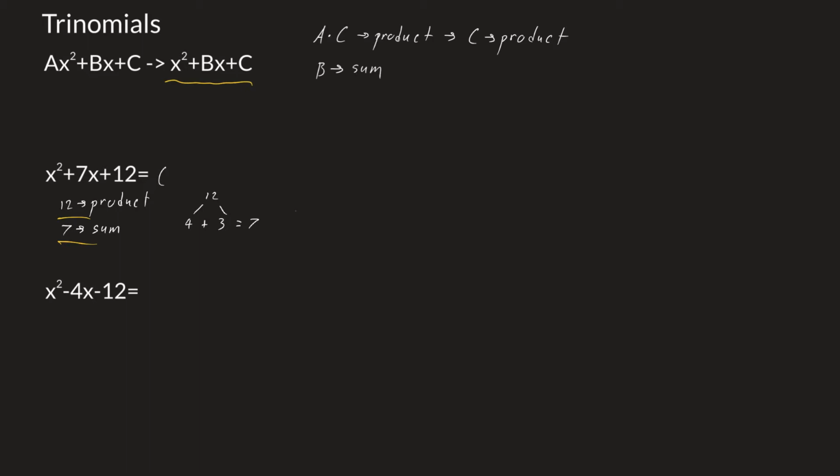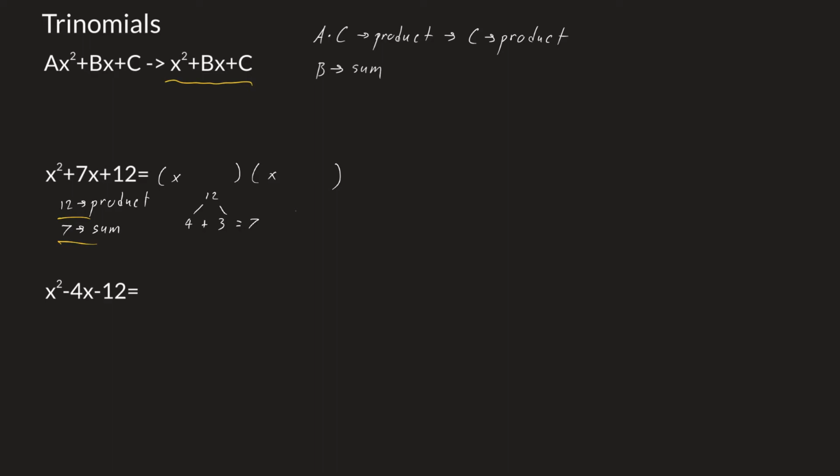I put my parentheses here, and I say, okay, since this is a nice trinomial where the coefficient a is 1, I could do this. I put x here, and I put an x here. So for quadratic polynomials where your coefficient a is 1, you're always going to have this format: two binomials being multiplied together with the first term of each binomial starting off with an x.